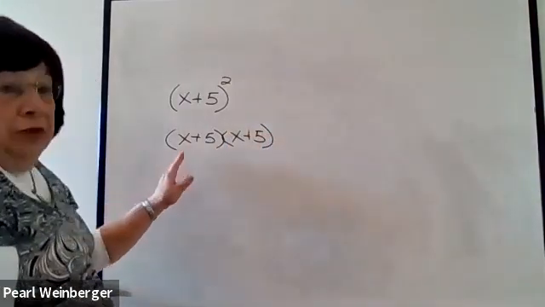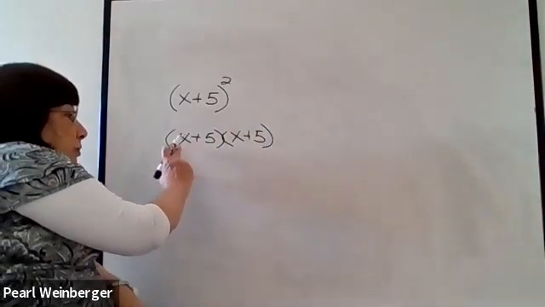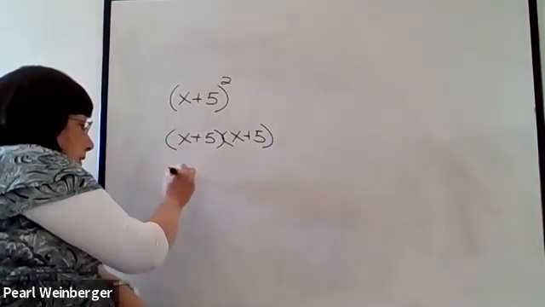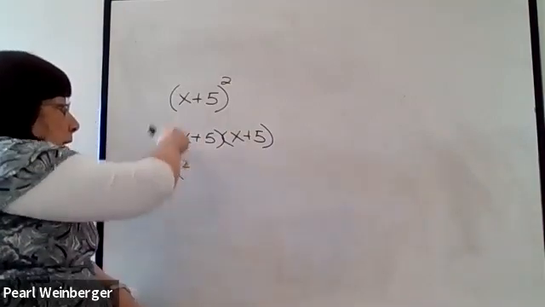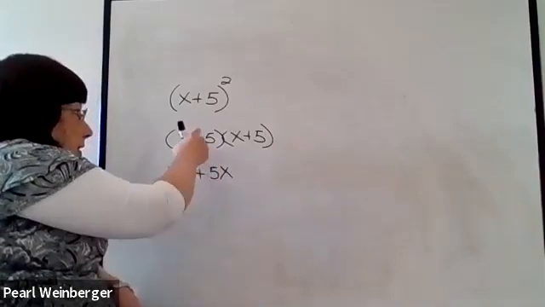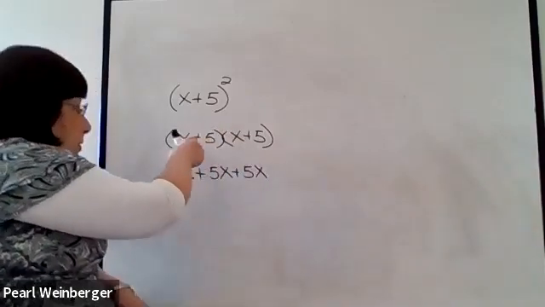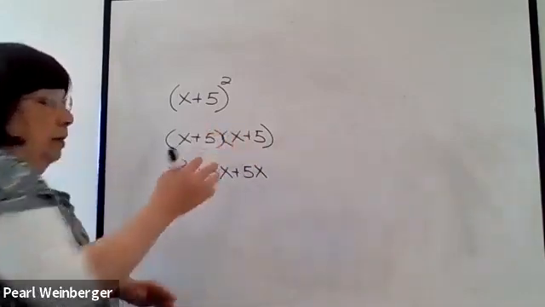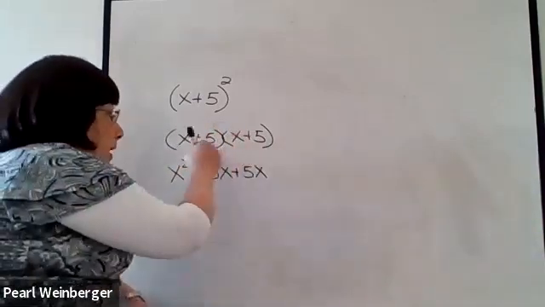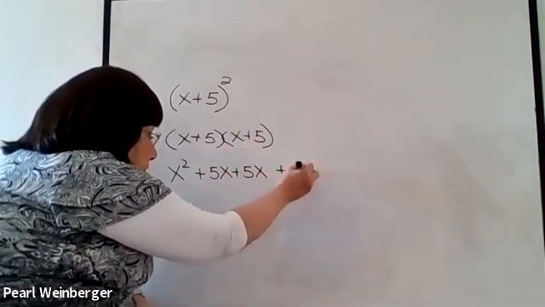And in order to do that, you're going to have to use FOIL. So therefore, you'll get x times x, which is x squared. Outer will give you 5x. Inner would give you another 5x, because the outer and the inner are the same. And last will give you 5 times 5, which is 25.